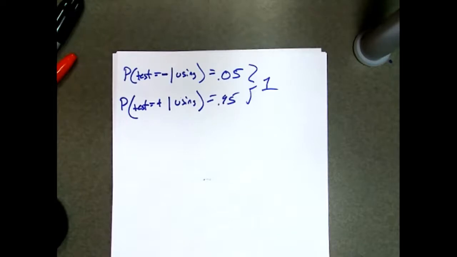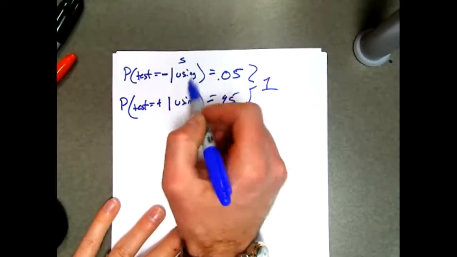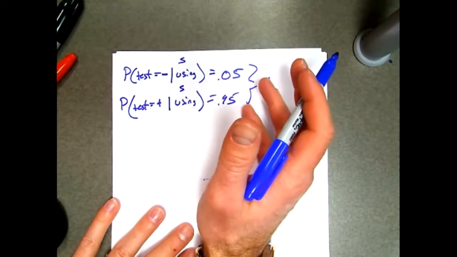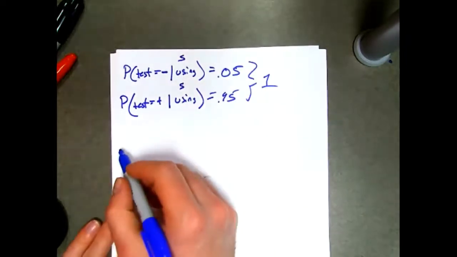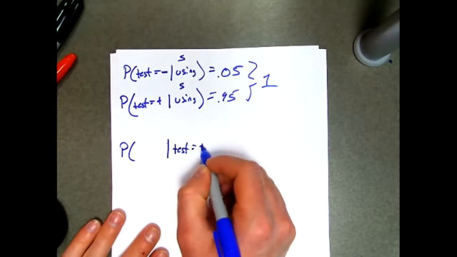Okay. Yep. So is the state of nature always going to be the thing that's given? In these types of problems, the information that I give to you, yes, the conditional probabilities you'll be getting, you're always conditioning on the state of nature. Because usually what we're interested in finding are the probabilities of different states, given a certain outcome of the test.